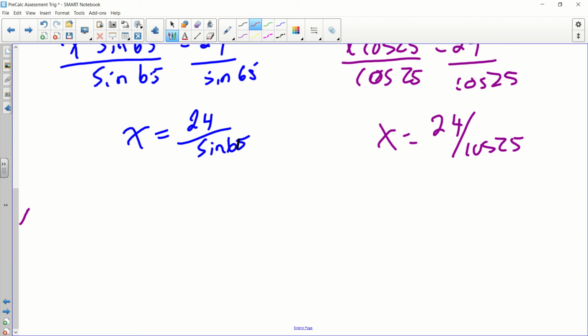So when I plug either of these into my calculator, x equals 26.48 feet.